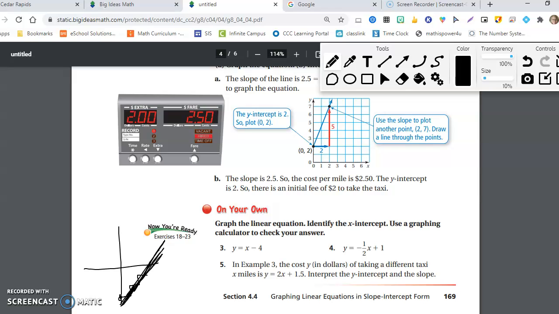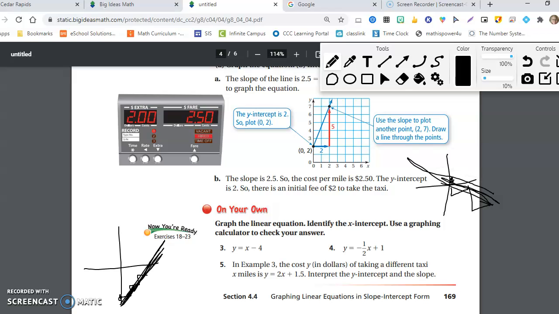And number 4, I'll just do a little sketch. Your 1 is your y-intercept, and your slope is -1/2. So I would go down 1, to the right 2, put a dot, down 1, to the right 2, put a dot, and you can connect those points.